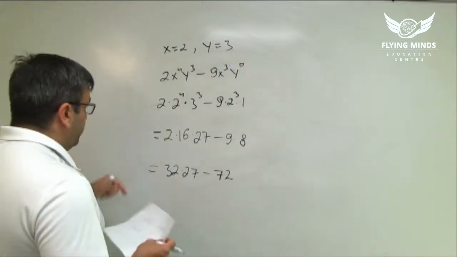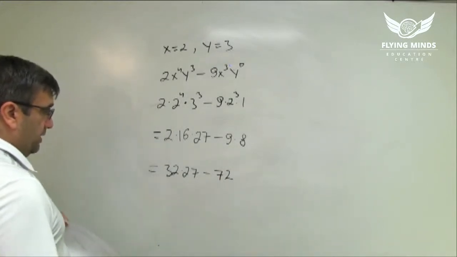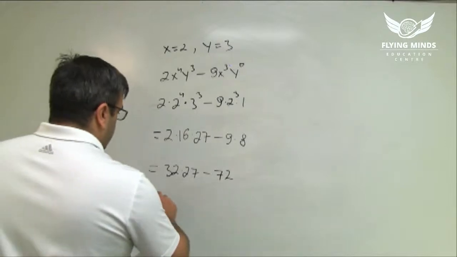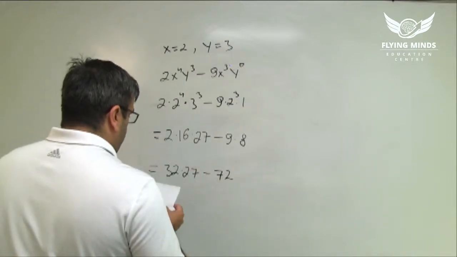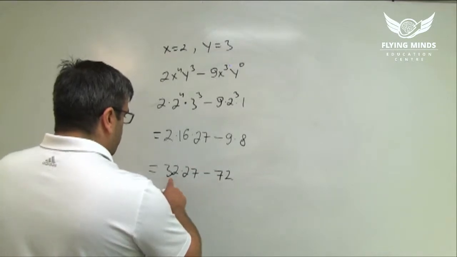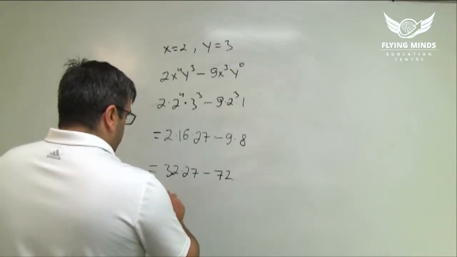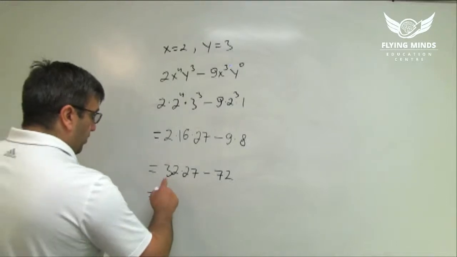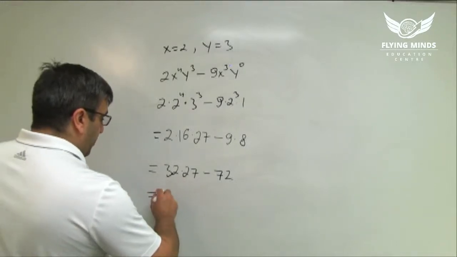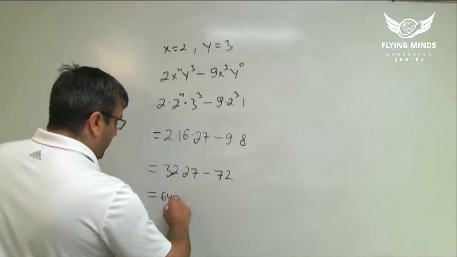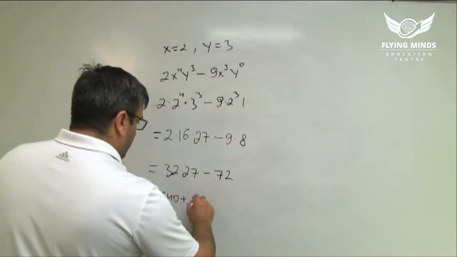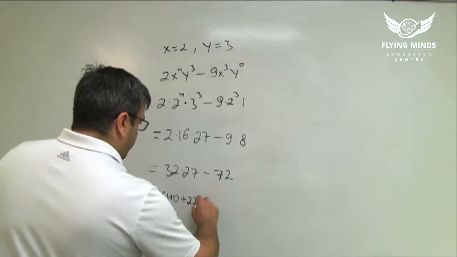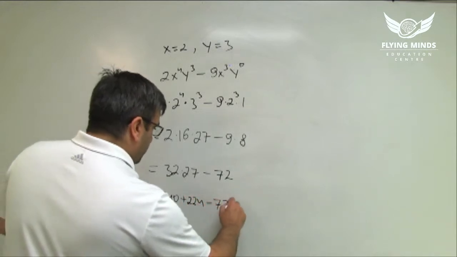So guys, if you have calculators, you can do it on calculators. It's multiple choice, so this question is from part B, so you're allowed to use them. So I'm going to do it old school. So 32 times 20 will be 640, plus 32 times 7 will be 224, minus 72.